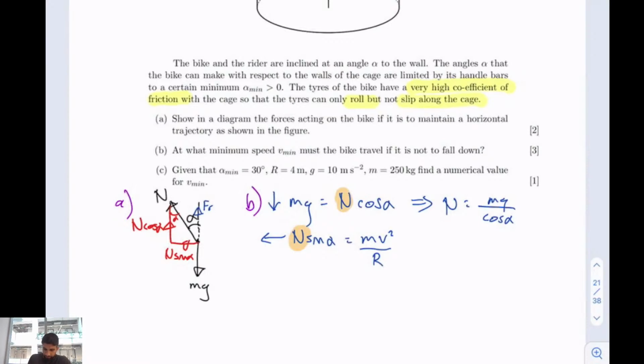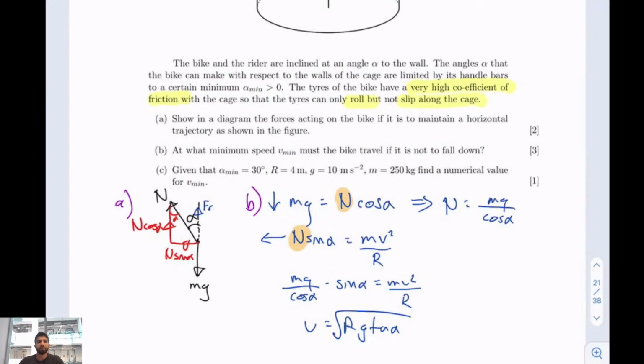And then substituting in, we have mg over cos alpha times sine alpha is mv squared over r. From there, you can rearrange. You can make v the subject, and v should be the square root of rg tan alpha.